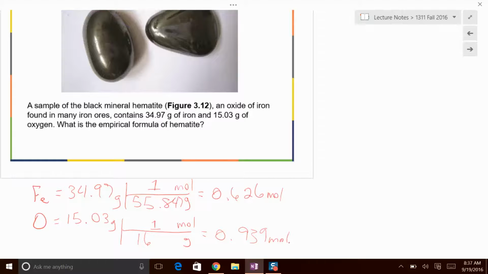The ratio between them. How many irons for how many oxygens? And the way I do that is I take the one that has the least number of moles, and I use that to divide it by everything else. So which one has the least number of moles? Iron. Okay, so I'm going to divide iron by itself, which will give it what? 1.